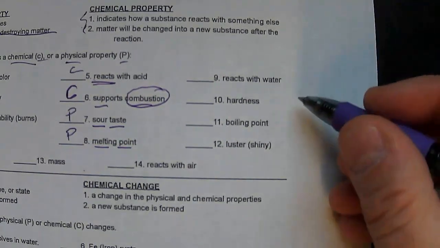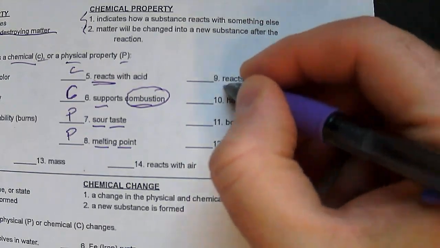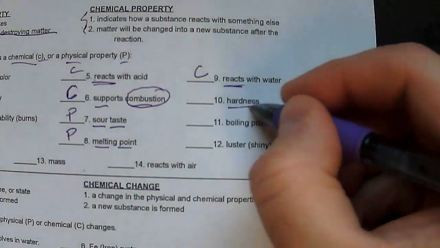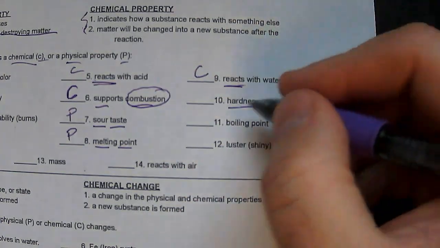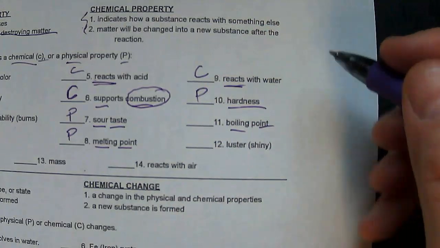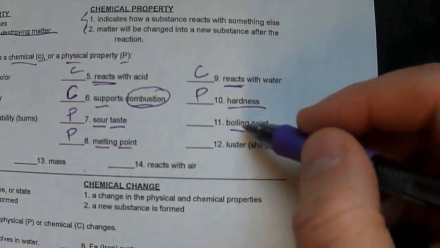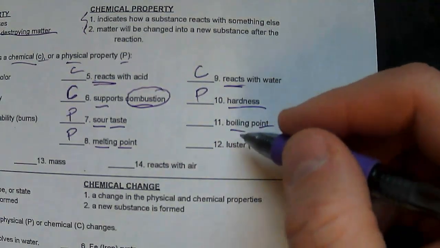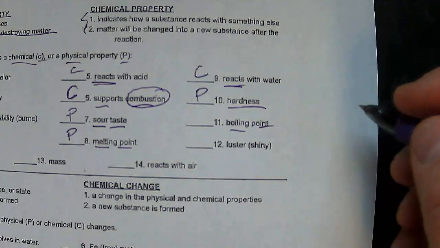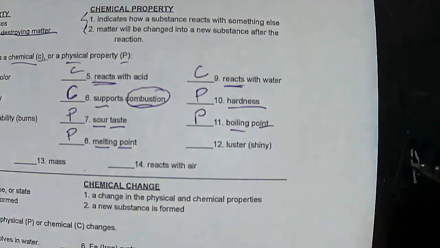Okay, so reacts with water, again because of that word reacts, that's going to be a chemical. Hardness, you don't have to change it to know that it's hard, so that's physical. Boiling point, any of these phase changes or state changes, boiling, melting, freezing, condensing, sublimation, these are all just physical changes.